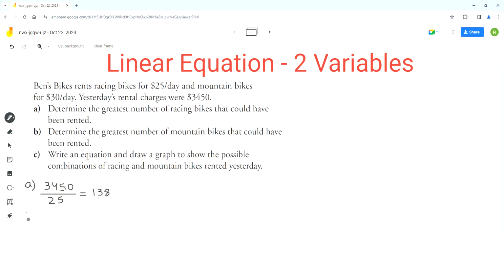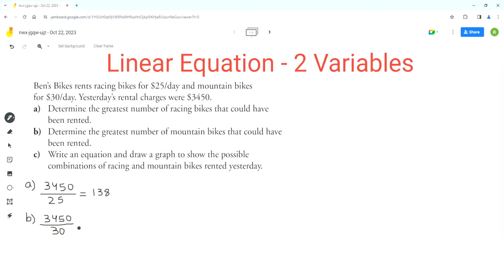Now in part B, we have to find the greatest number of mountain bikes that could have been rented. So for this, we have to use the same concept that we used in part A for racing bikes. So we'll divide the total amount of money earned by the cost of renting one mountain bike, which is $30.